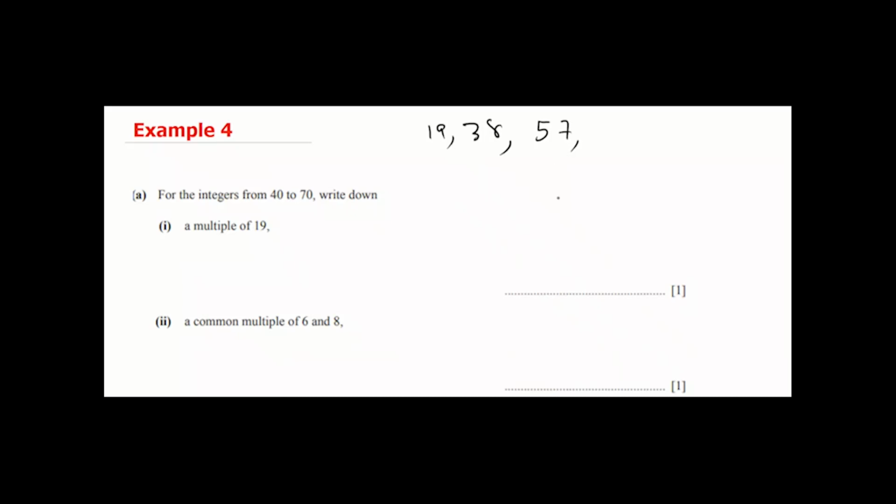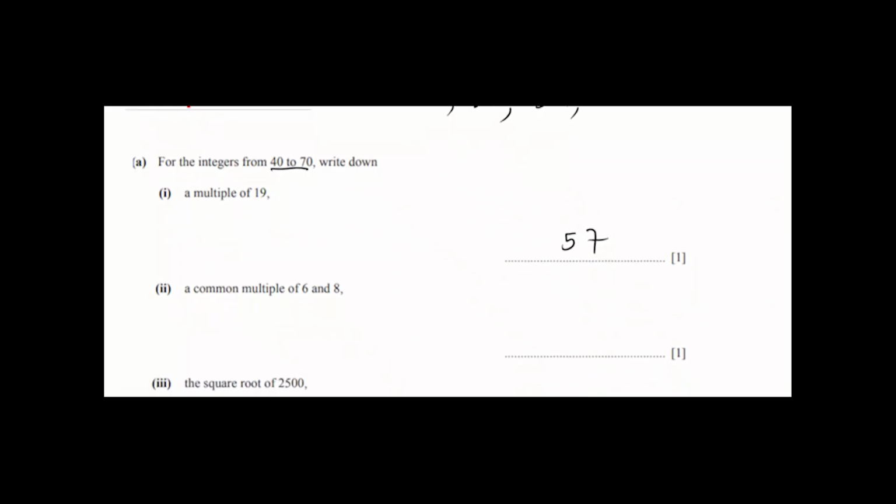Okay, so you can pick 57, as it falls in this range. And you can decide to go further. You can do 19 times 4 to get 76, and in this case 76 is out of the condition. So that means the only available number there is 57.